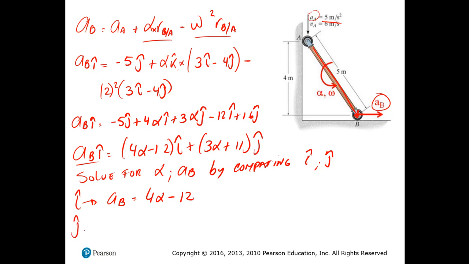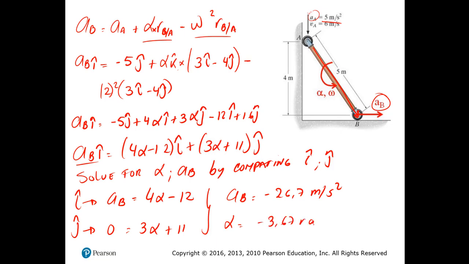And then if I do the same thing for j, I will get 0 is equal to 3 alpha plus 11. And I will solve these two, and I will get that a_B is equal to minus 26.7 meters per second squared, and alpha is equal to minus 3.67 radians per second squared.